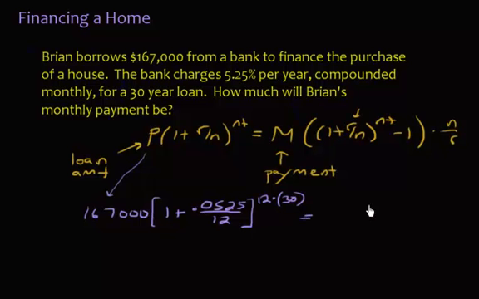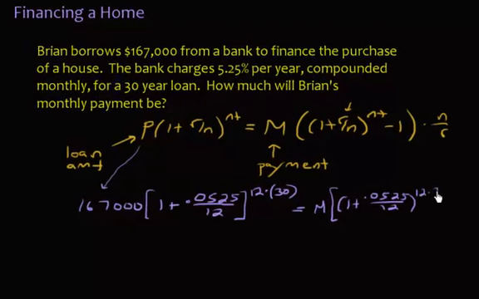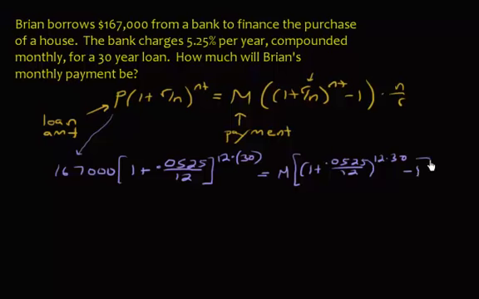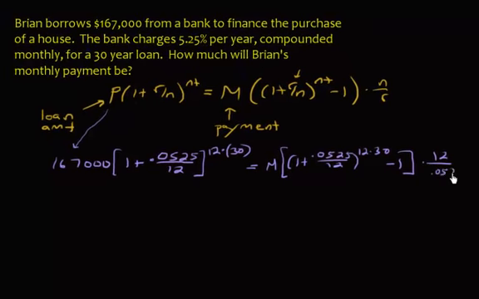Now the monthly payment, that's what I'm trying to find, so I'm going to leave that as M. And then we have 1 plus 0.0525 over 12, to the 12 times 30, minus 1, over 12 over 0.0525. Again, I'm looking for this right here.